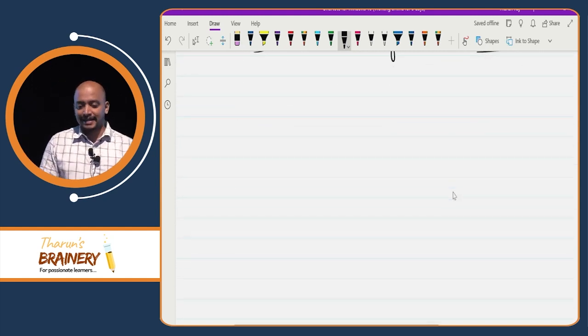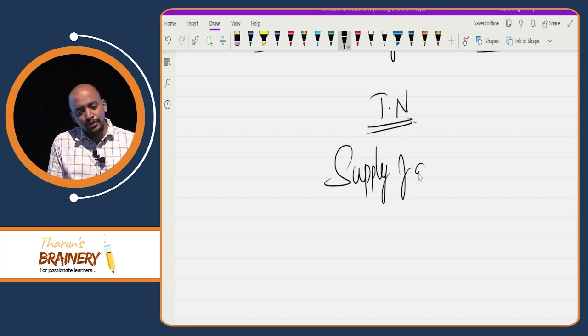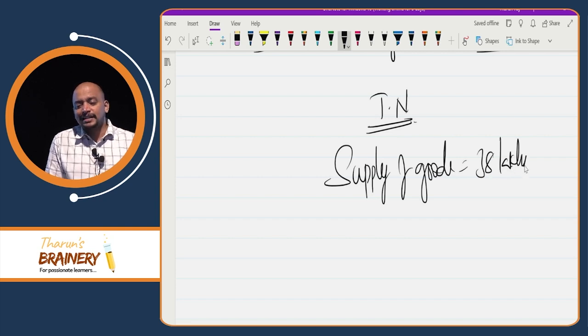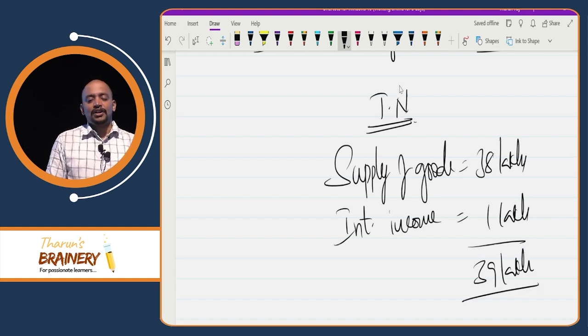That is interest. You are doing business in Tamil Nadu. You are exclusively engaged in supply of goods, 38 lakhs, and you got an interest income of 1 lakh. So total 39 lakhs. Now what is the applicable limit? 40 lakhs.